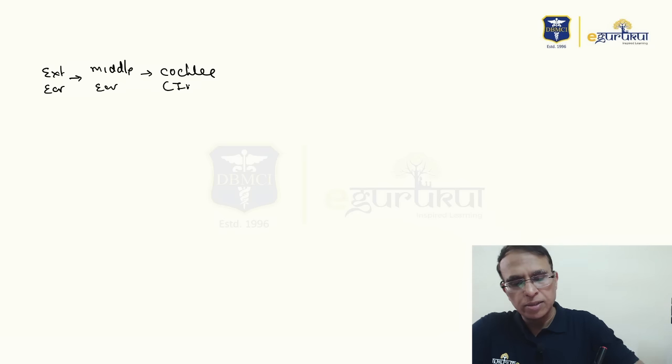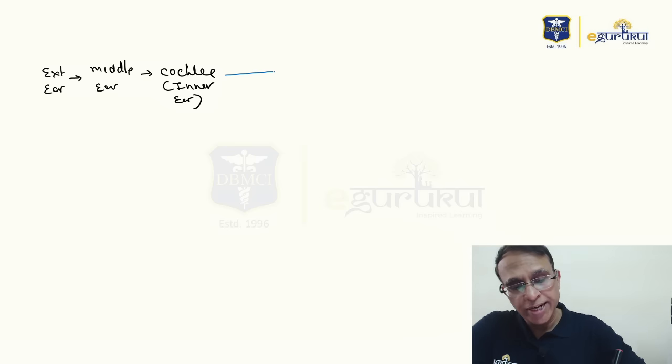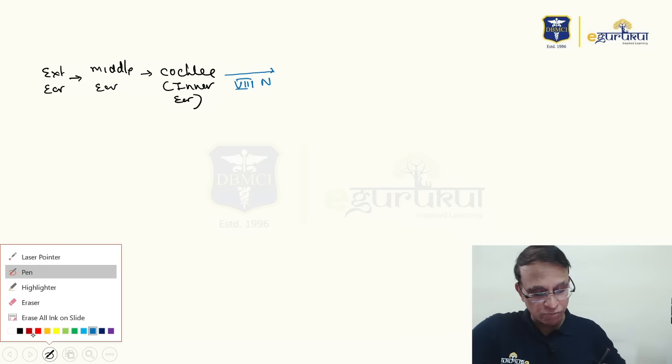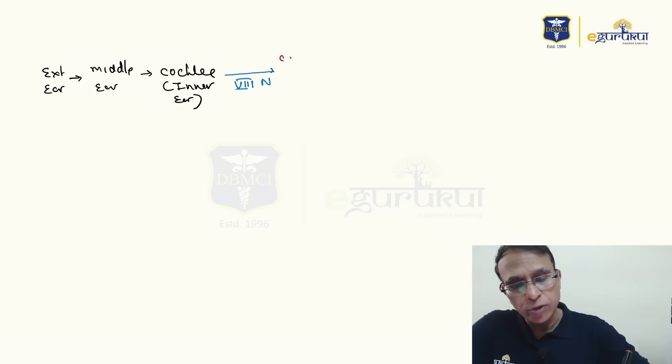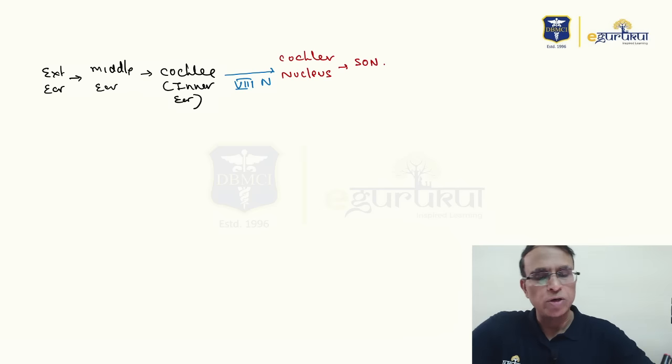Now from here on, the sound travels through the eighth nerve, and then it goes to the brainstem. Which part of the brainstem? Cochlear nucleus. From there it goes to superior olivary nucleus. SON stands for superior olivary nucleus.